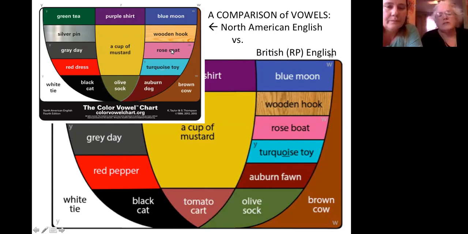So now, take a look at the British chart. The olive sock of my dialect, in most British dialects, will be the rounded version, olive sock, a low back vowel. And so where's the open one? It's a different set of words: tomato, cot, father, palm, calm.